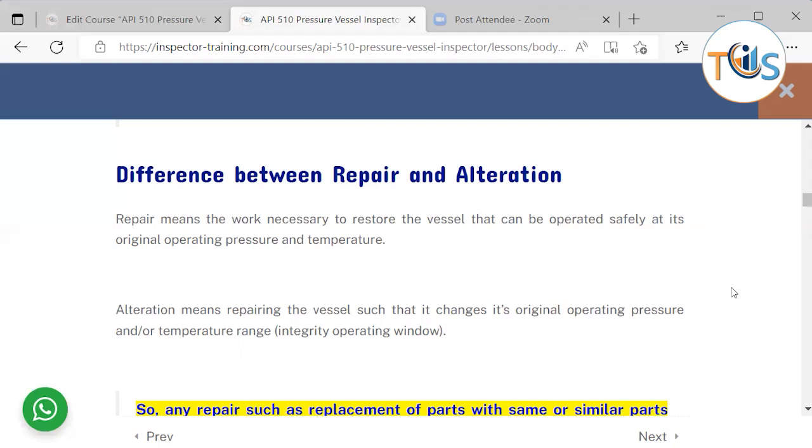Now if you demote the vessel, for example, you have a minimum design thickness that you need to maintain for the design pressure, but you don't have enough corrosion allowance left until your next inspection interval, and you cannot repair it.